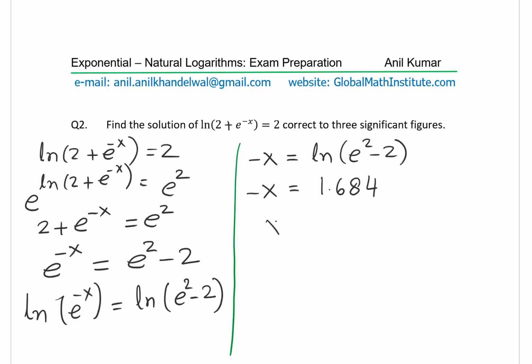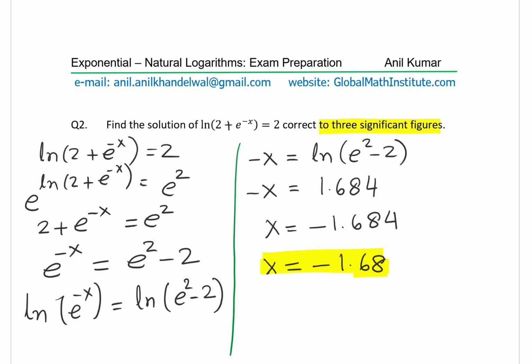So x will be equal to negative 1.684. We need to write the answer to three significant figures, right? So let's round this. So we get minus 1.68. So that becomes the solution for the given question. Okay.